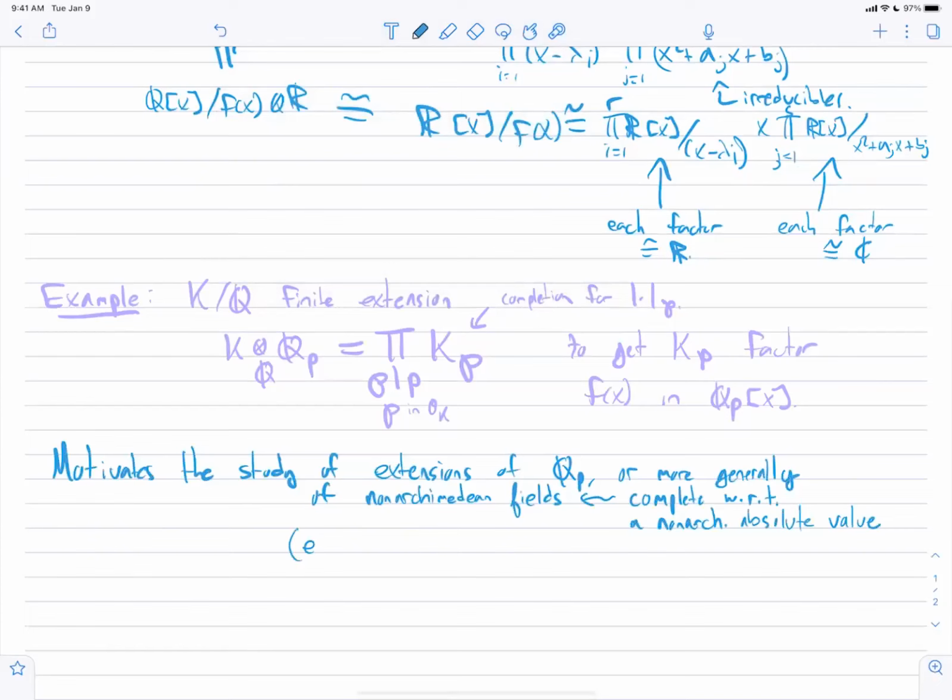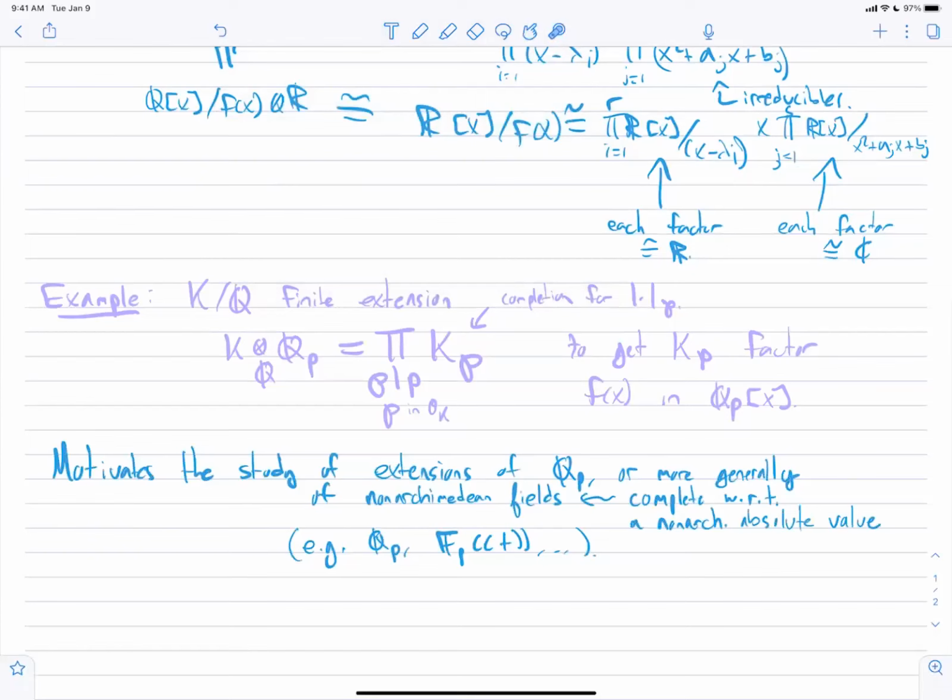Examples are Q_p, and soon we'll see that any finite extension of Q_p satisfies this, as well as F_p((t)). But then there are many more.